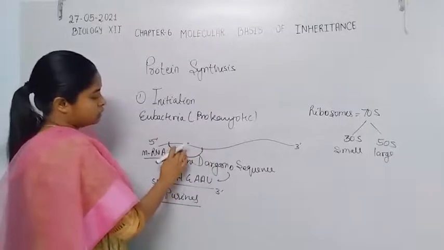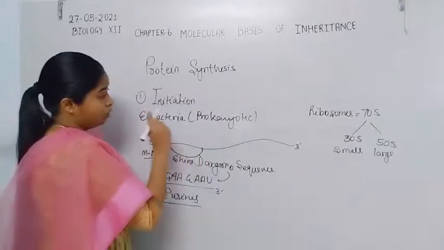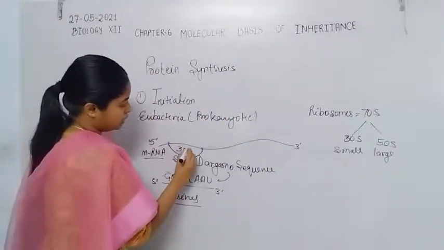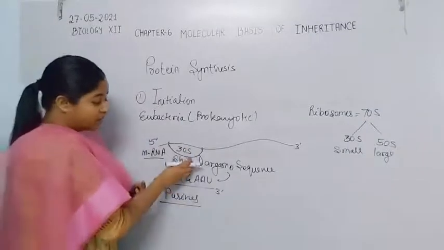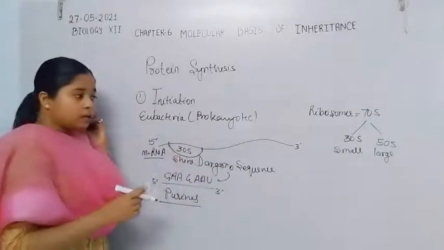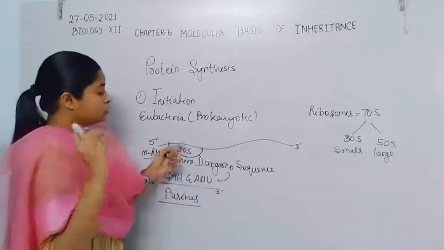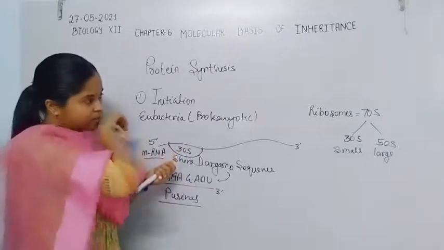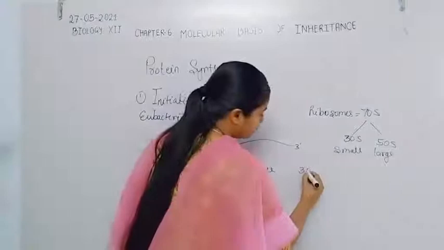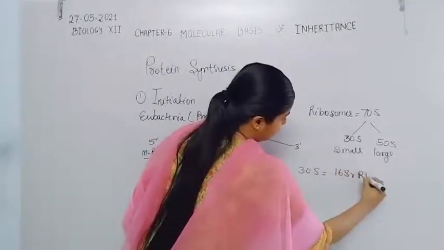Here is the Shine-Dalgarno sequence, and here is the small subunit of the 70S ribosome. First, the 30S subunit binds at the region of the Shine-Dalgarno sequence, because the Shine-Dalgarno sequence is complementary to the 30S subunit of the 70S ribosome. The 70S ribosome, as we already know, contains 16S rRNA.